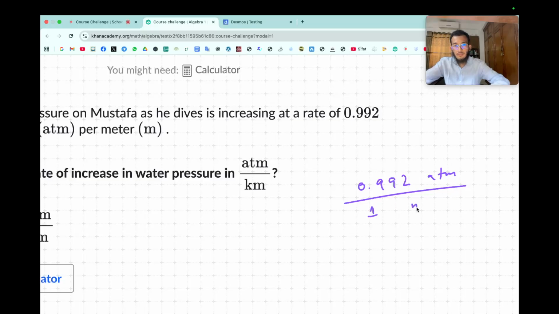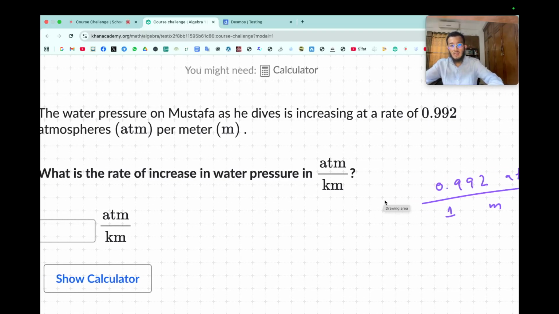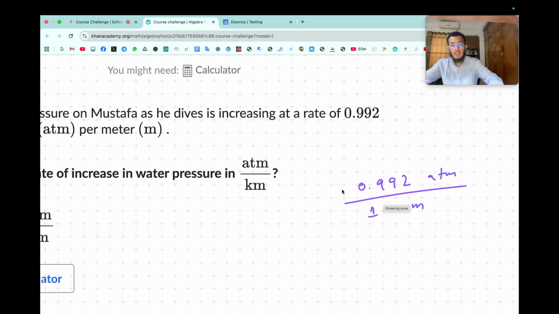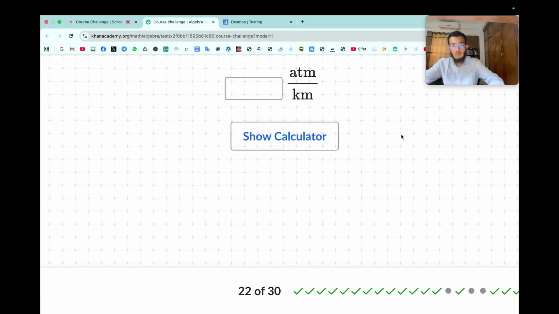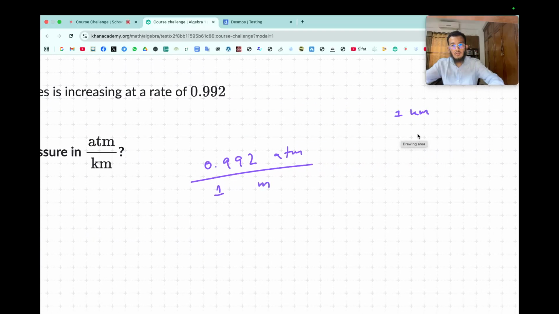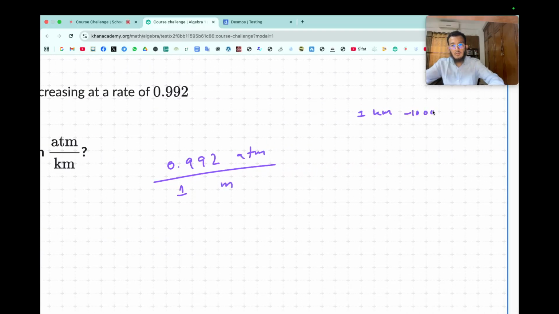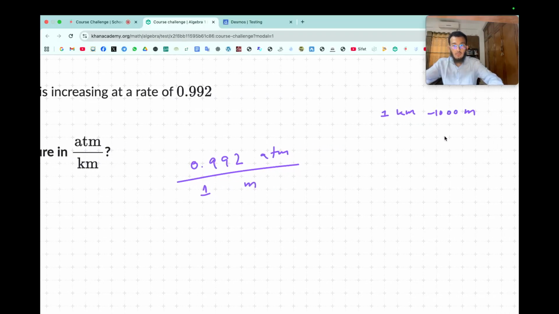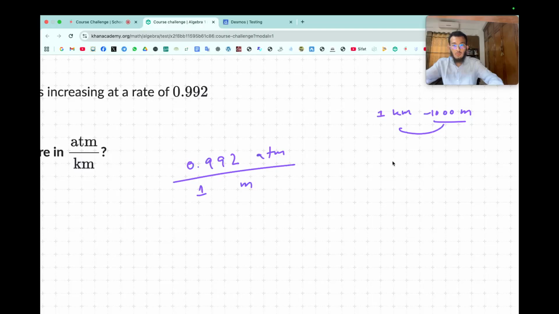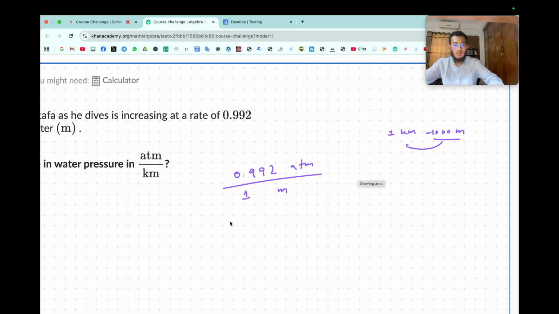We have to convert this rate to atm per kilometer. We know that 1 kilometer is 1000 meters. So if we go from meter to kilometer, we have to divide by 1000.